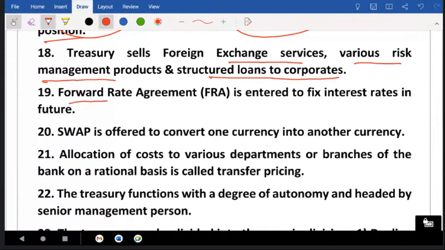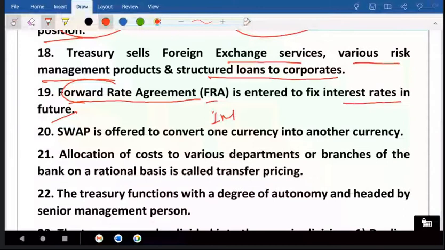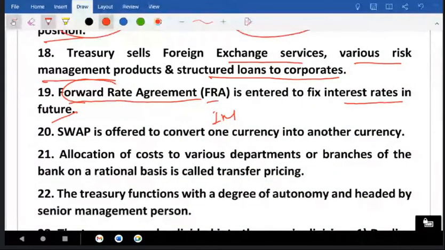A forward rate agreement is entered into to fix the interest rate in future, so that interest rate risk is avoided. So this is a very important point: treasury can enter into an agreement with other agencies so that variation in the rate of interest is mitigated. That means interest rate risk is minimized, or you can say mitigated.